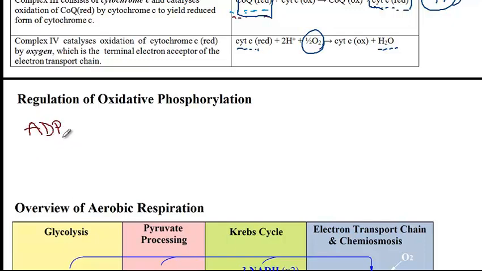So if there is a high concentration of ADP, there would be increased activity of the ATP synthase enzyme. Likewise, if the ATP to ADP and phosphate ratio is too low, then we know that we don't have enough ATP, or there is too much ADP.